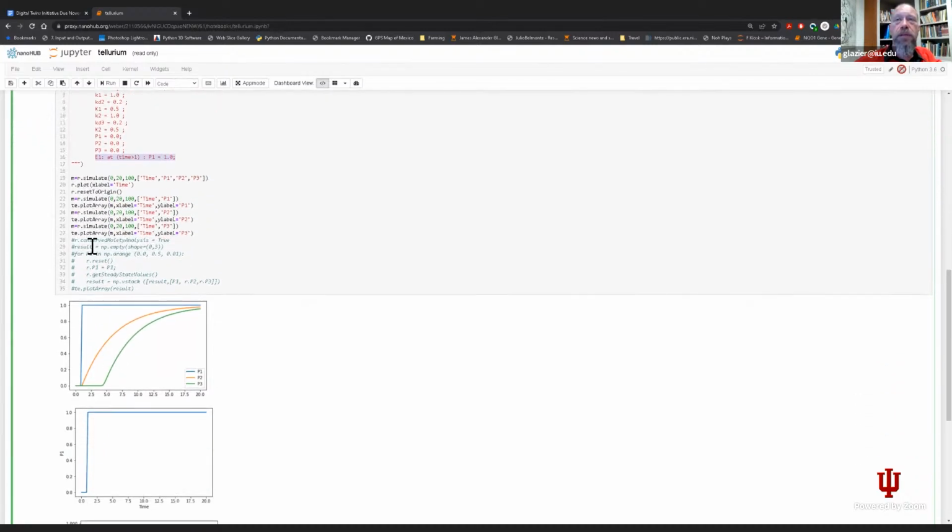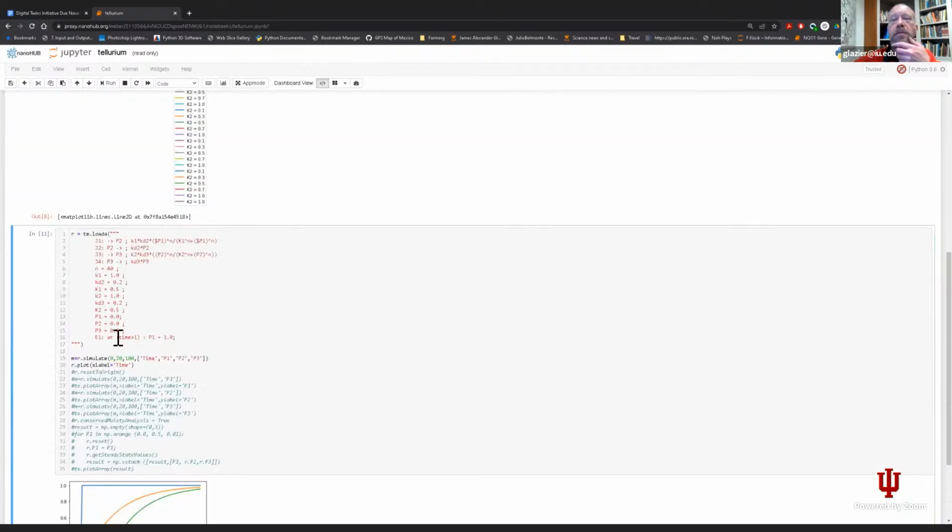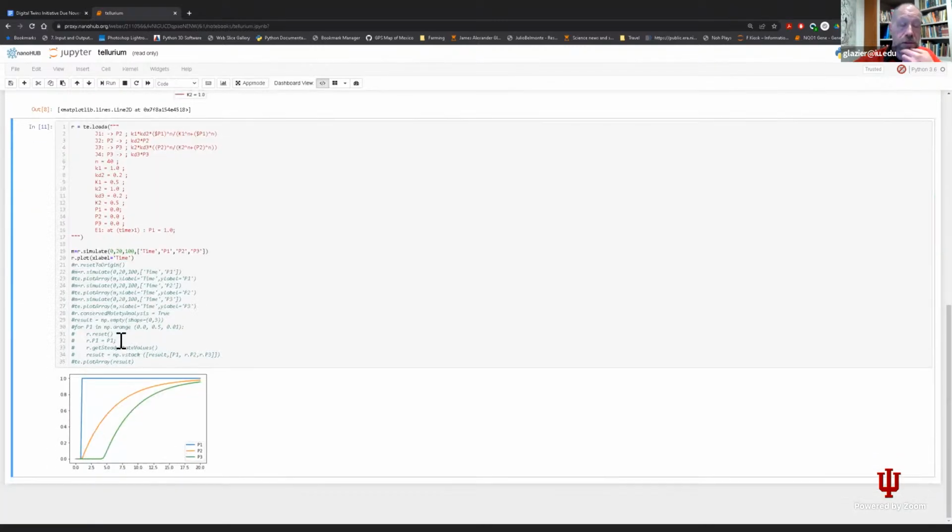I have multiple plots, but I don't really need the other plots. I only need the first one. So I can comment these out. And I get that, which is what we had on the screen.